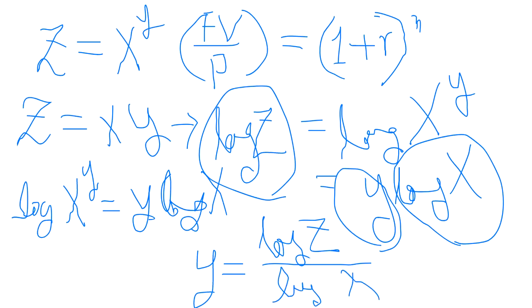And the problem is solved. So in other words, this is n, right? And if you take the log of the left-hand side, take the log of the right-hand side, you'll be able to find n.